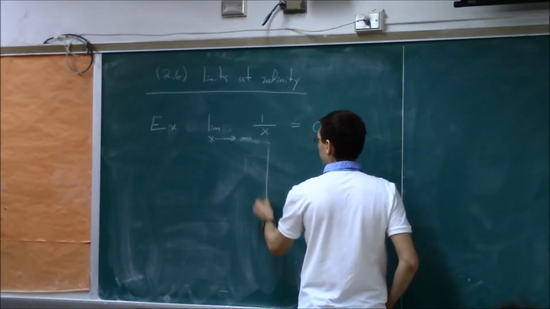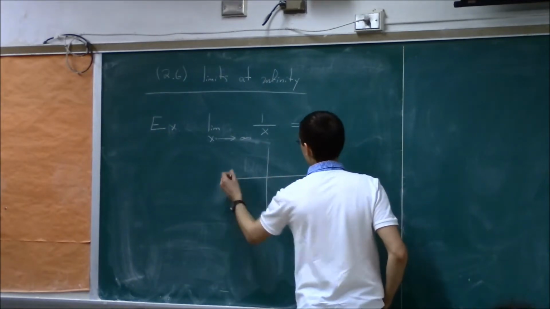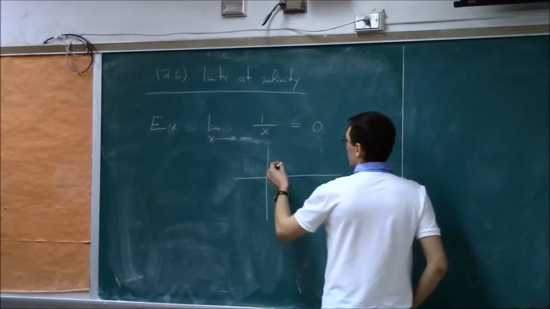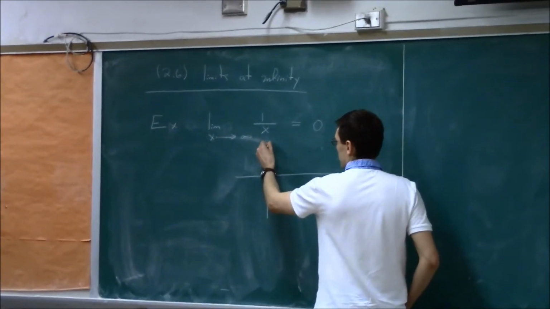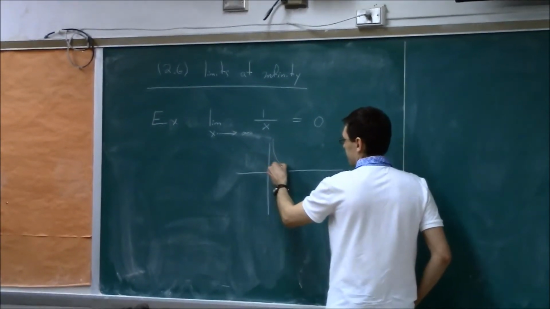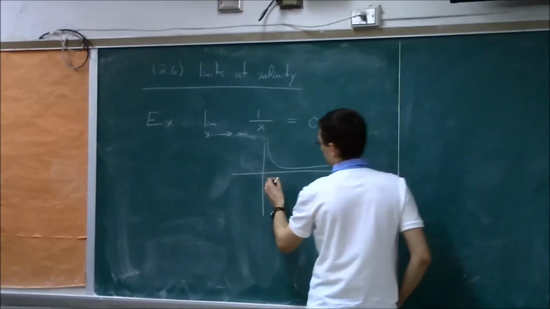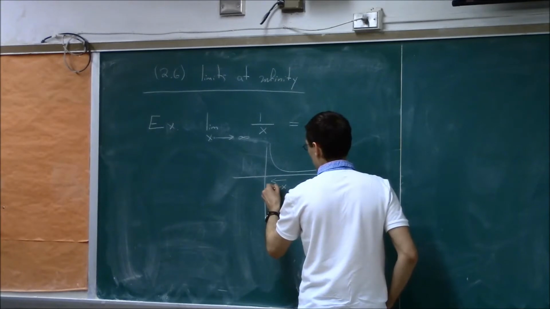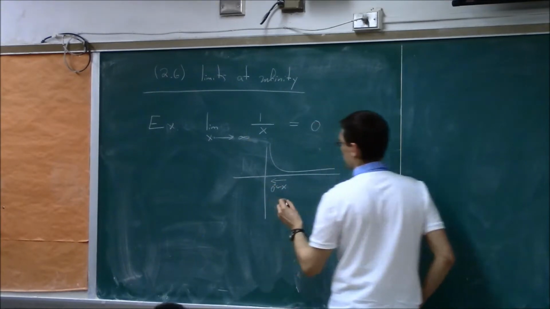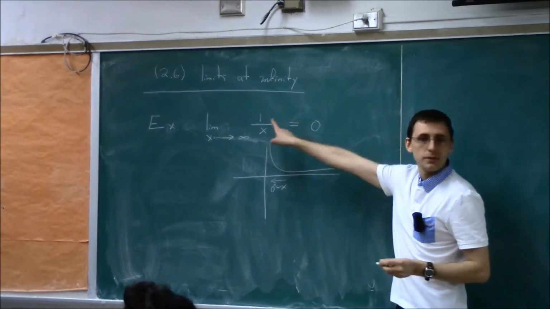And if I draw the graph of 1 over x, I know that if x approaches 0 plus, we go to infinity. That direction is x to 0 plus. 1 over x expands to infinity.